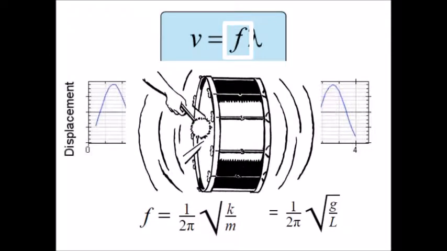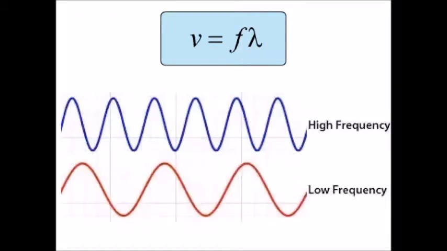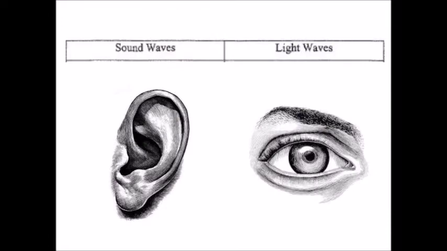The simple harmonic motion, the sine wave type motion in that drum, that musical instrument, is producing sound waves, and you're good. Velocity depends on the medium, frequency depends on the source, wavelength, lambda, depends on the combination of those two things. And we could say that a high frequency wave has a shorter wavelength and a low frequency wave has a longer wavelength. But what does this have to do with sound waves and light waves?